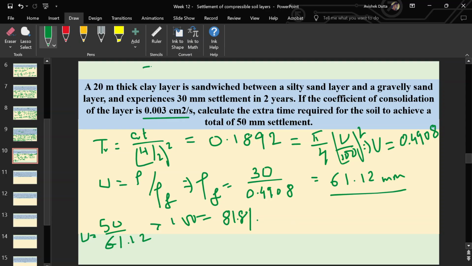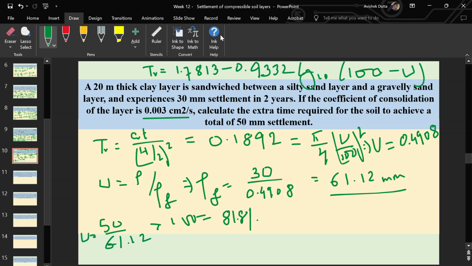Now for this, time factor has a separate formula. What is the formula for time factor when U is more than 60%? Tv equals 1.781 minus 0.9332 log to the base 10 of (100 minus U).